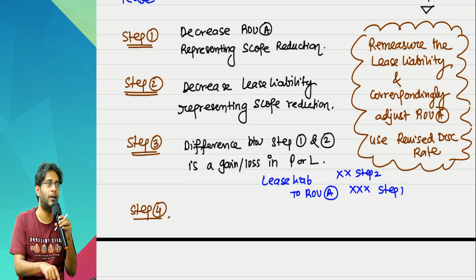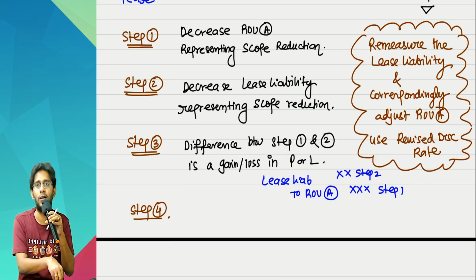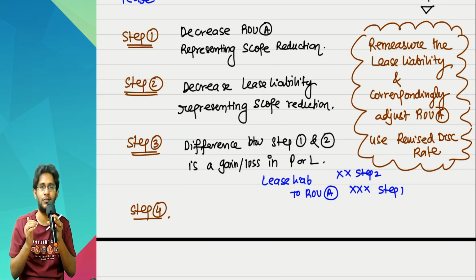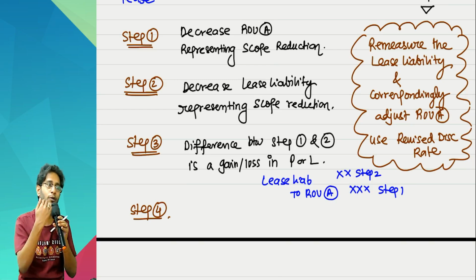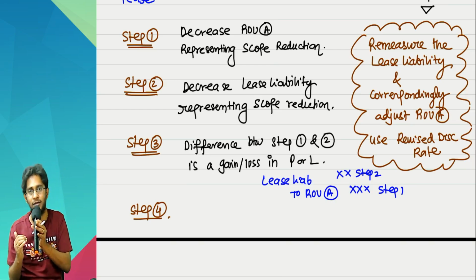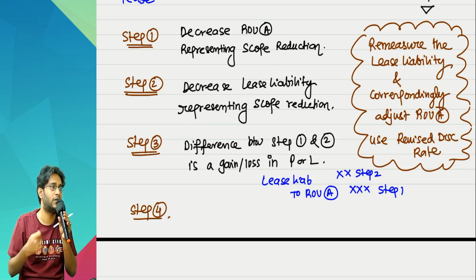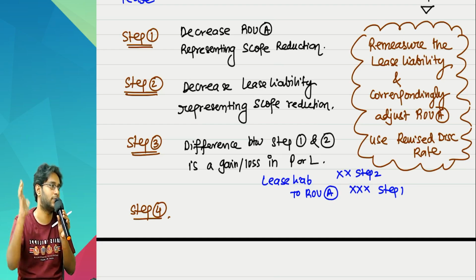Your lease liability balance today should represent the present value of future lease payments. It won't now. Why won't it? What did you do? Already some carrying amount is there, and you randomly removed 50%. Some other stupid number is there now. That number you have to remeasure to reflect the present value of revised future lease payments.